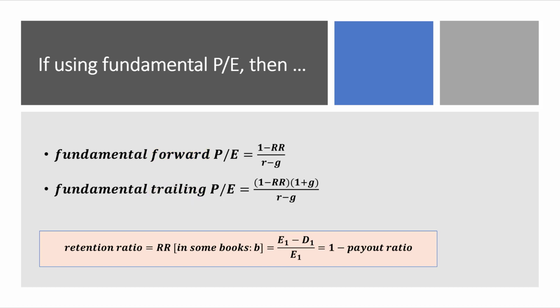The inputs into those equations are exactly the same in terms of R being the required rate of return on equity and G being the growth rate in dividends that you would use in the Gordon growth model. The retention ratio, if you've never seen that before, is sometimes denoted in other books by the letter B, and it is defined at the bottom of the screen in plain language as the proportion of the company's earnings that it does not pay out as a dividend.